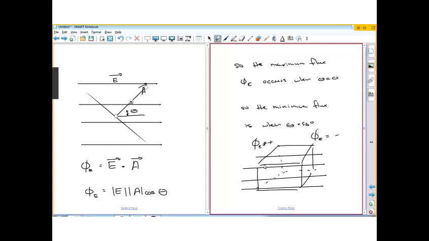And the other surfaces are 0 because they are parallel to the direction of the electric field. So we have positive flux coming in the left surface, negative flux leaving the right surface.